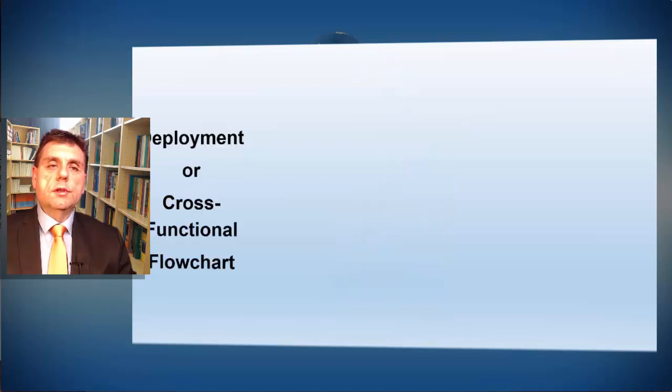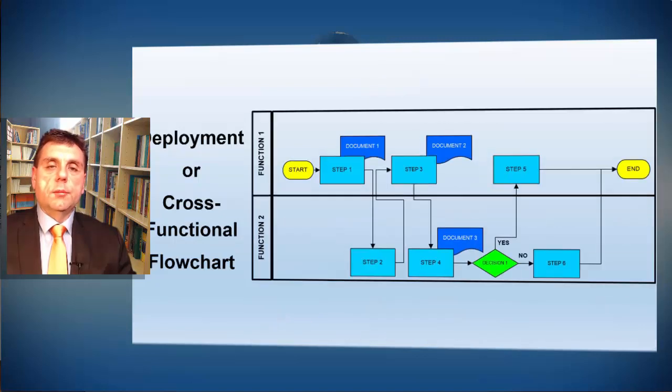However, there is also a deployment or cross-functional flowchart. This is the example of one of the deployment or cross-functional flowcharts. What is the difference? The difference is that we can involve multiple functions. Very often, the procedure is not executed by only one function. So, multiple functions can be involved in the execution of certain procedures.